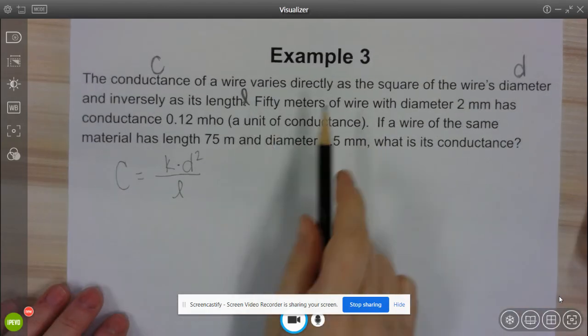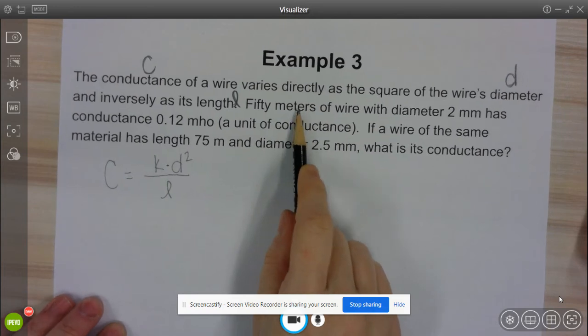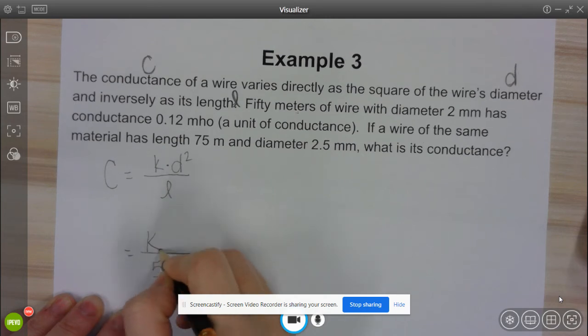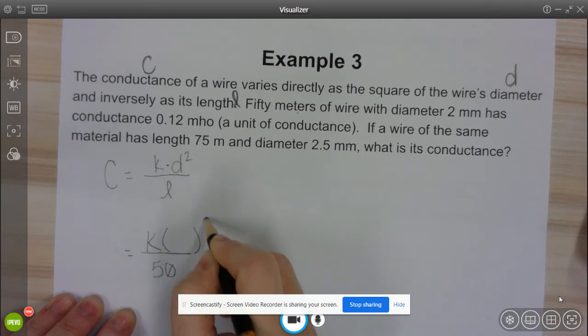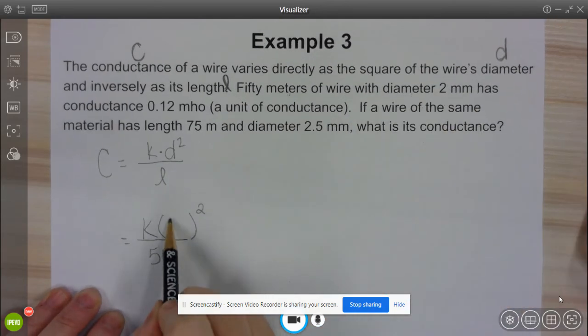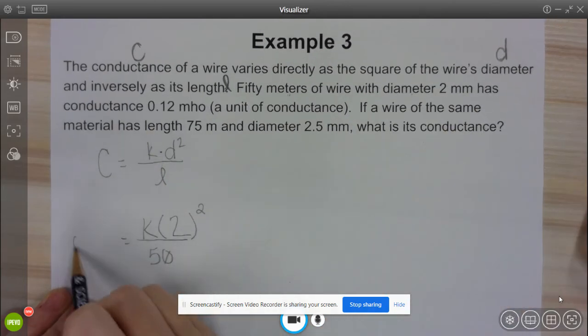So my first one, 50 meters of wire, that's a length measurement. So that's going to be my denominator. I don't know K. That's what I'm trying to find. With a diameter of 2 millimeters, it has a conductance of 0.12.